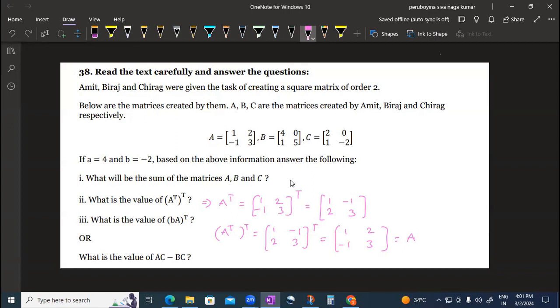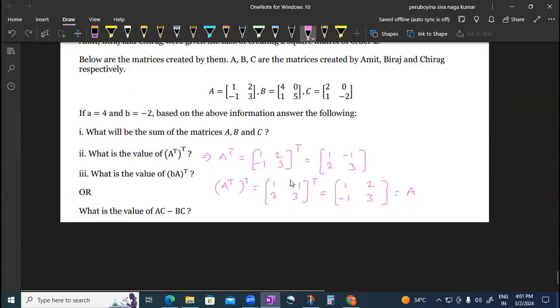That's what this question. Third question: what is the value of B into A whole transpose? B value was given as -2. So -2 into A whole transpose.